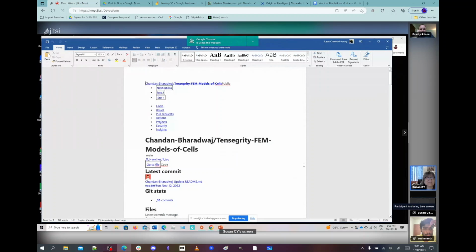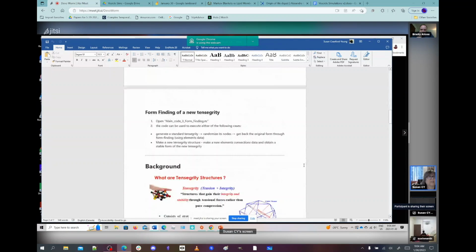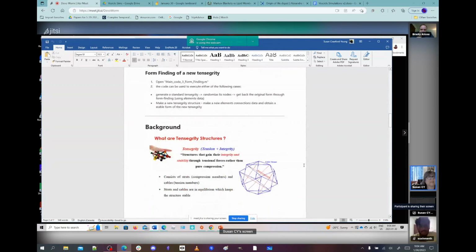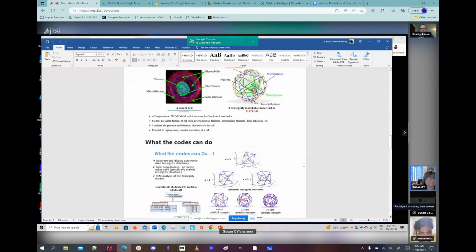Okay. Well, this is the GitHub thing that I found. I'm not sure, are they doing some of this in MATLAB? Anyway, there's code. Great. And they have a finite element model, it looks like.